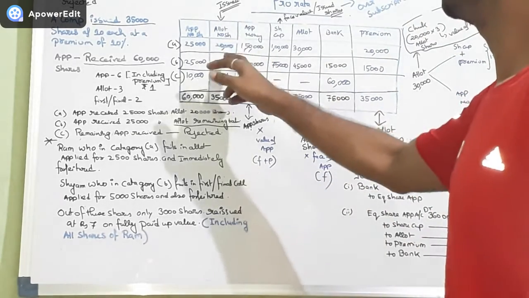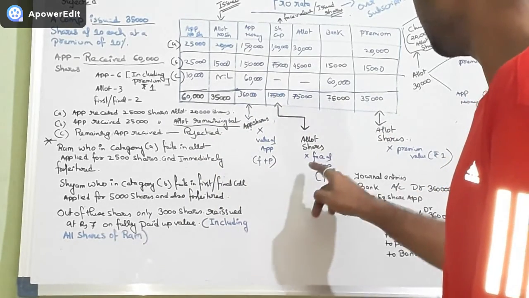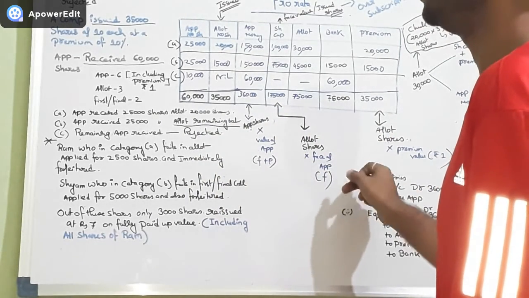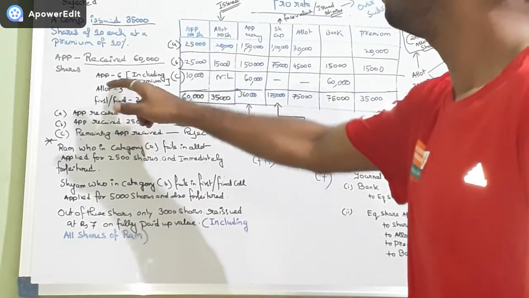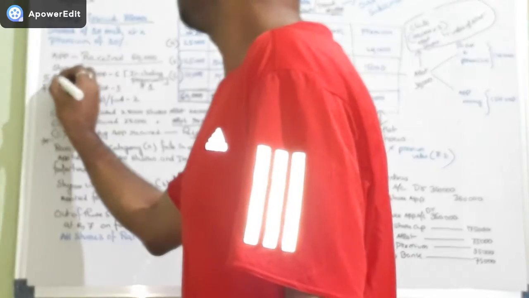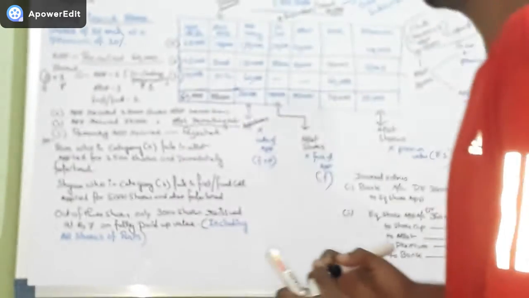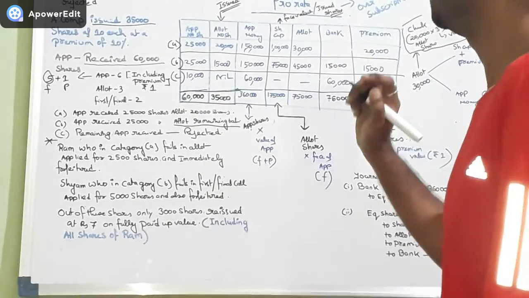So allotted share is how much I have allotted for the first case, 20,000. So allotted share into face value of the application. Face value of the application excluding premium is how much? 5 rupees is the face value plus 1 rupee is the premium. So face value is 5 here. So 5 into 20,000 is 1,00,000.